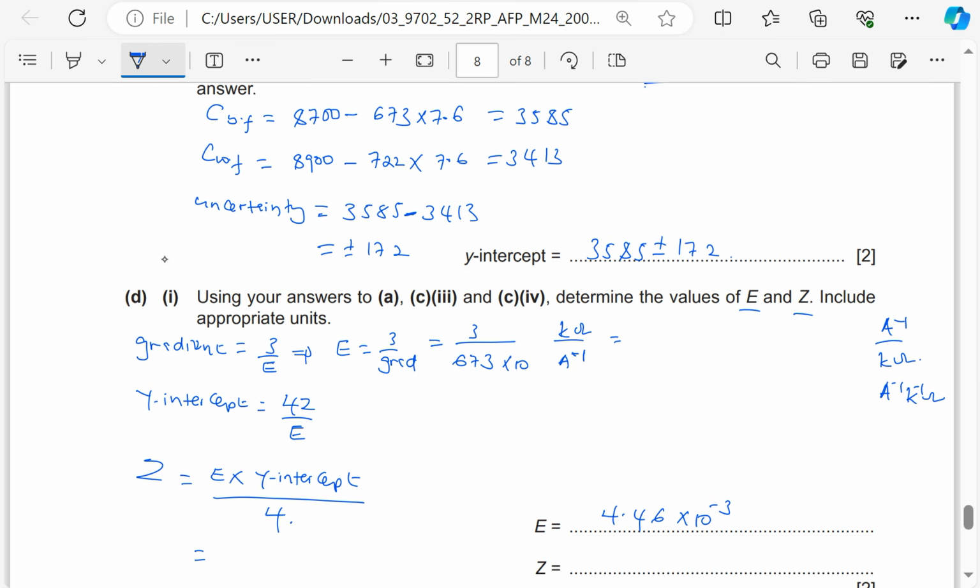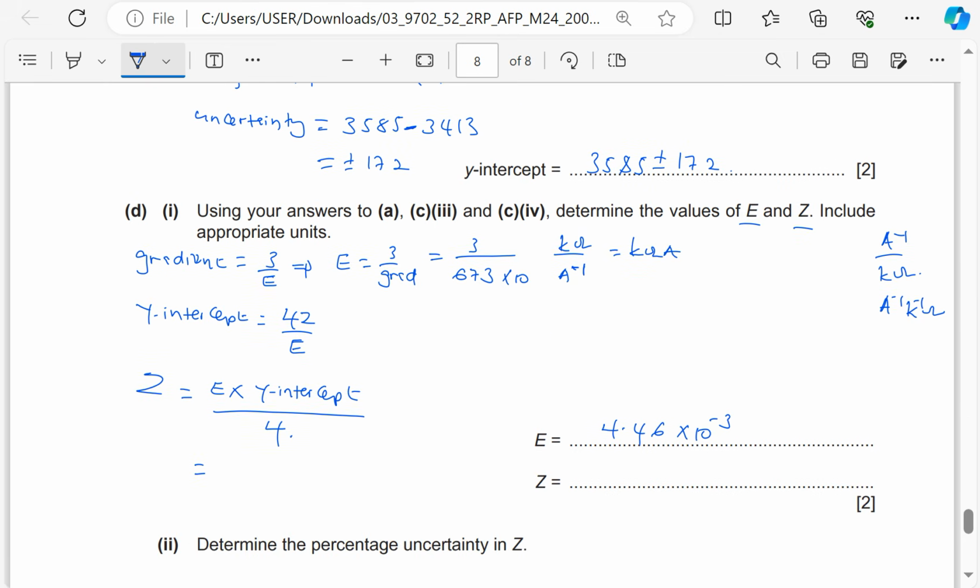So this is going to be kilo ohms amperes. Okay. So the units can be kilo ohms amperes, or you can write 4.46 ohm amperes instead of kilo ohm amperes. So this is the unit here.